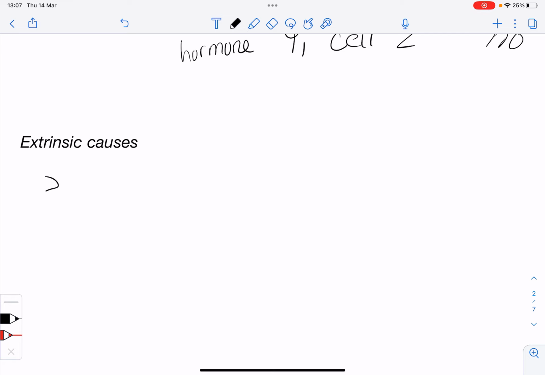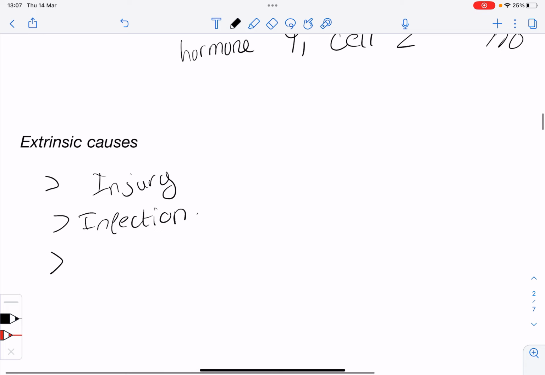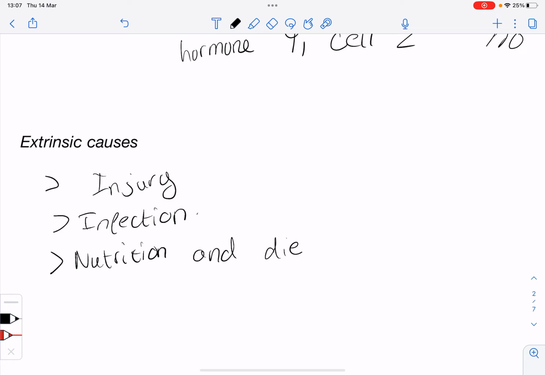So there are many factors, such as injury, obviously, infection, nutrition and diet, so you need to look after yourselves, and lifestyle.